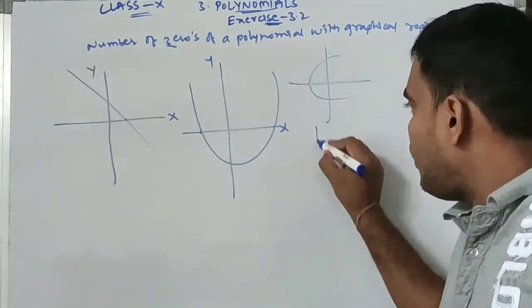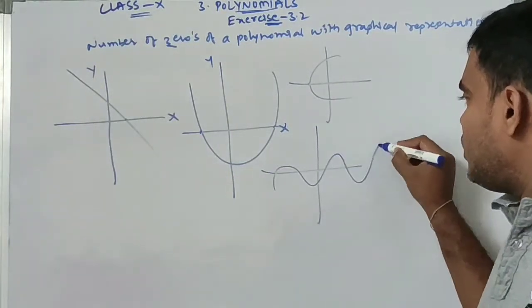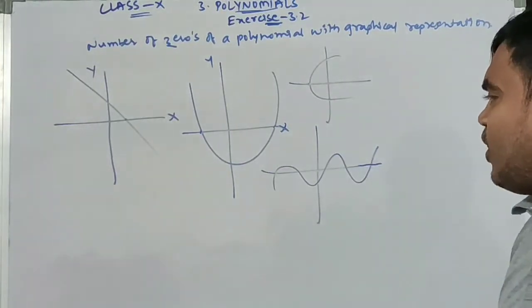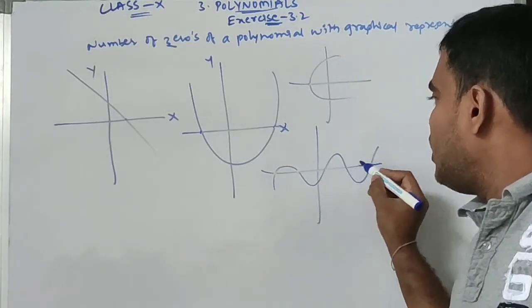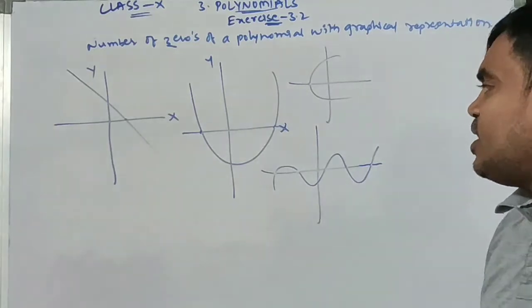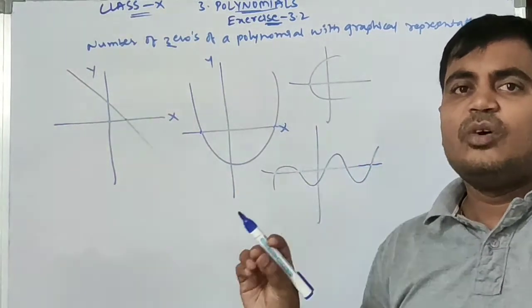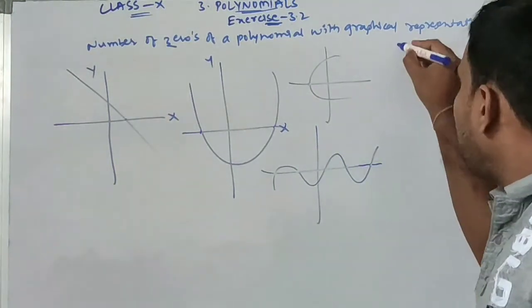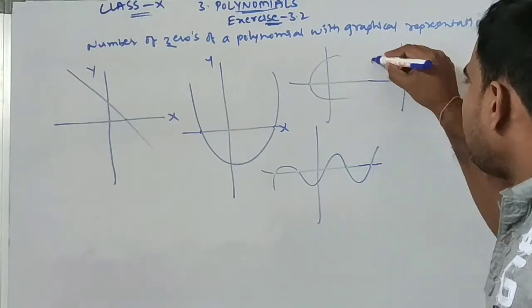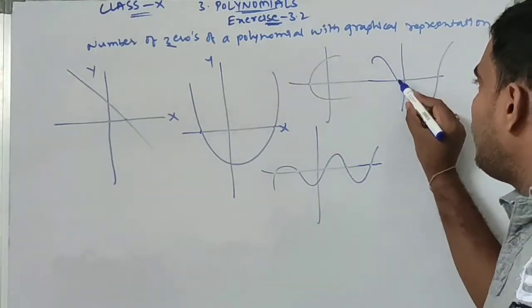I am taking one more curve, like this. Let me count: 1, 2, 3, 4, 5. It intersects the x axis at 5 points. So the number of zeros of this curve is equal to 5. I am taking one more. How many places is it intersecting? 1, 2.